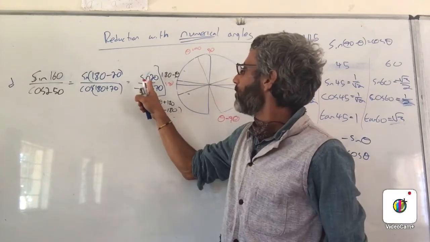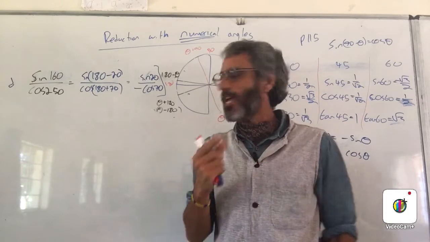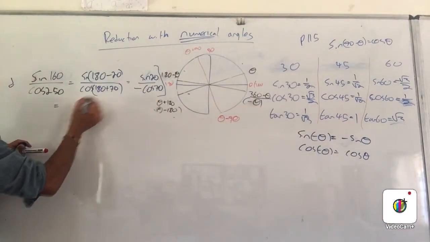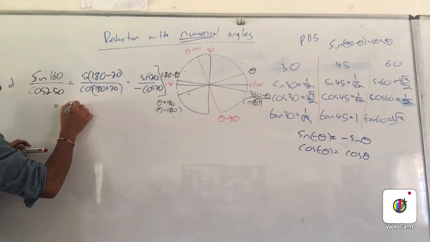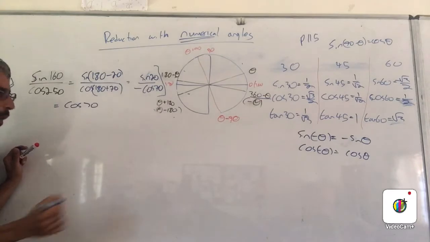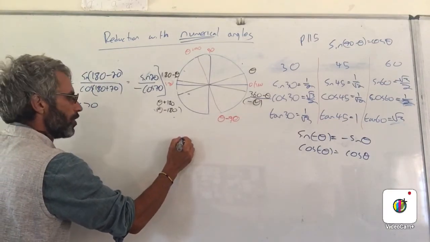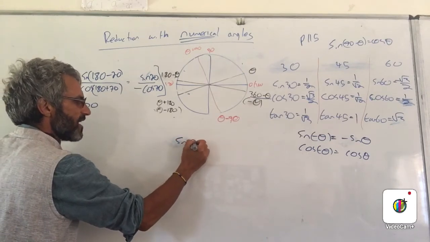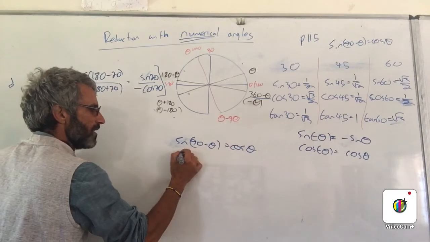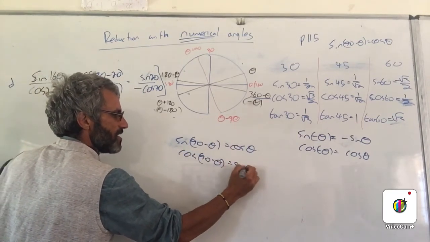What do we notice about 20 and 70? They add up to 90. So we can use a co-function: instead of sine 20, I can write cosine 70. I know that sine 20 is equal to cosine 70, because the most important rule here is that sine (90 minus theta) is cosine theta, and the other way works as well: cosine (90 minus theta) is sine theta.